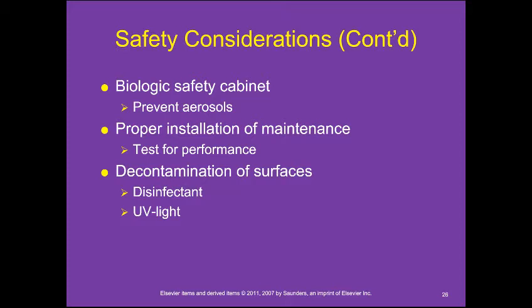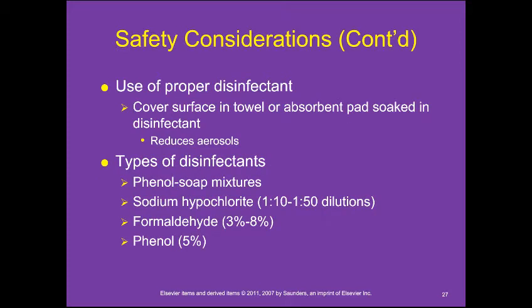Proper installation, maintenance test for performance, and decontamination of surfaces by using disinfectant and UV light. Okay? So, use of proper disinfectant is very much encouraged. Cover surface in towel or absorbent pad soaked in disinfectant. This reduces the aerosols, the air droplets.